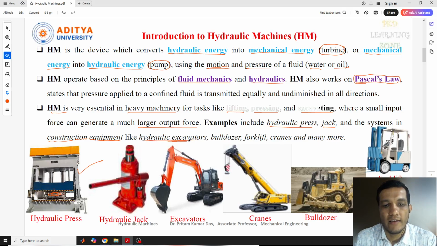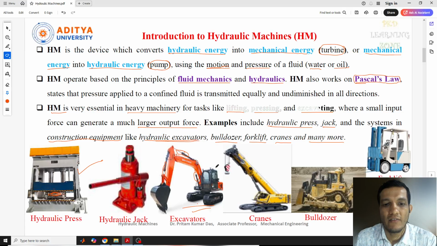Hydraulic excavators, bulldozers, forklifts, cranes, and many more items are there. Some examples I've taken here, like this hydraulic excavator, by which we can do many applications. Here also you can see the hydraulic parts.